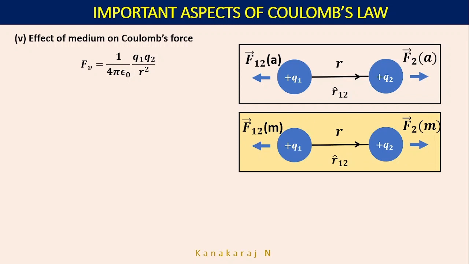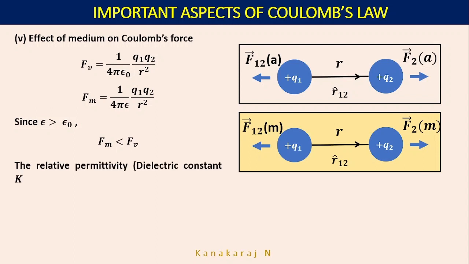Now you get a new force, given by the formula Fm equals 1 by 4 pi epsilon Q1 Q2 by R square. As we know very clearly, the permittivity of the medium is always greater than the permittivity of free space. So definitely the force in the medium is always less than the force in the vacuum.